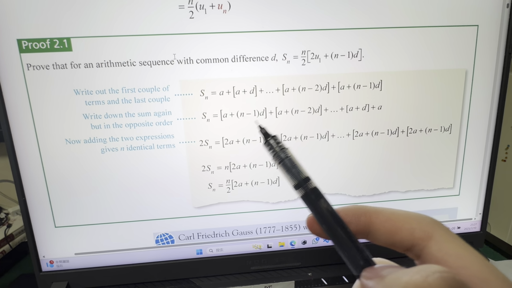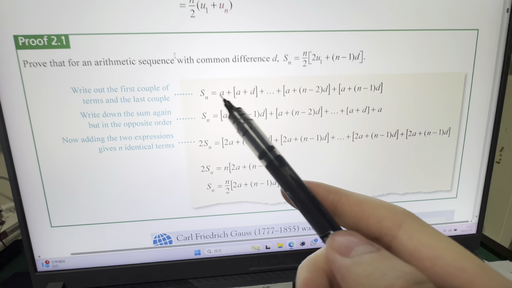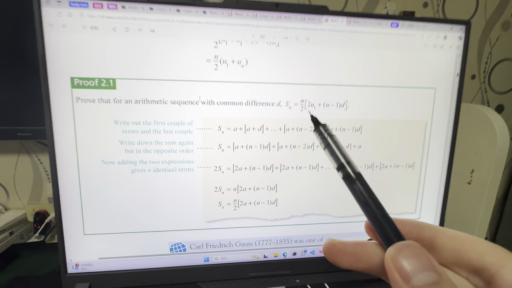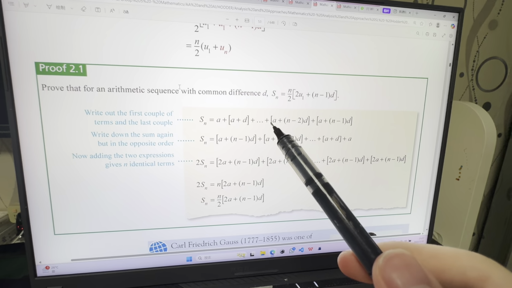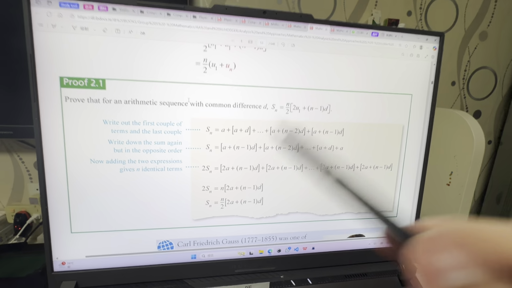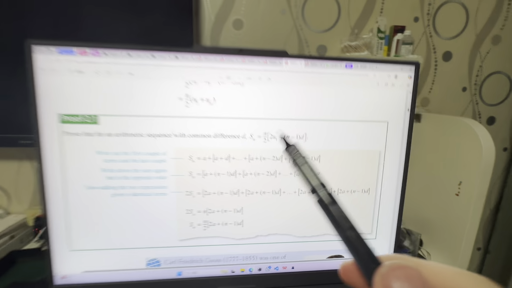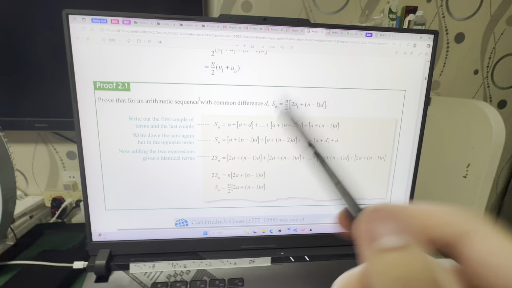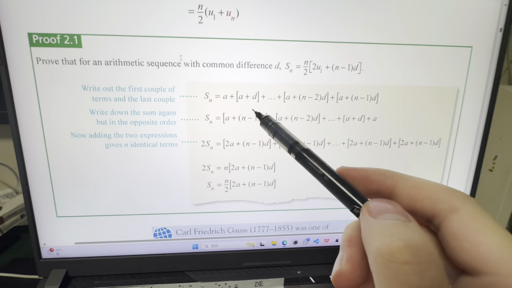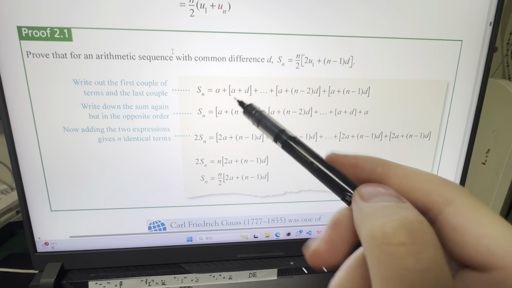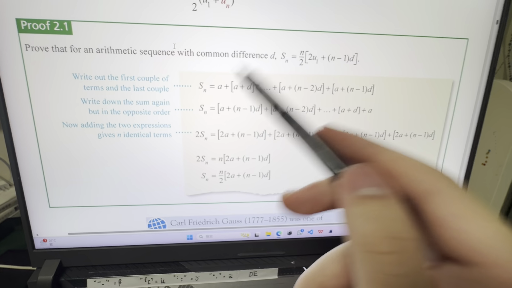Because the sum in this case is finite, for a finite sum we can change the position of everything. So he just reordered everything. It's from a, the first term, to the last term.